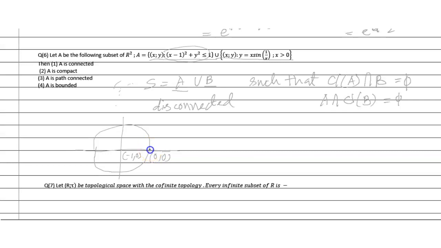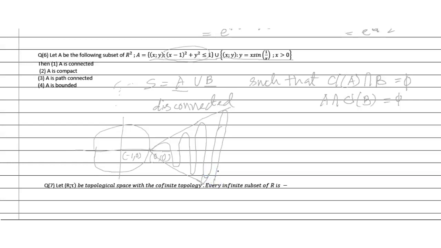After that, y equals x sine 1 by x for x greater than 0. So it should go this way and this way, and this is the curve.